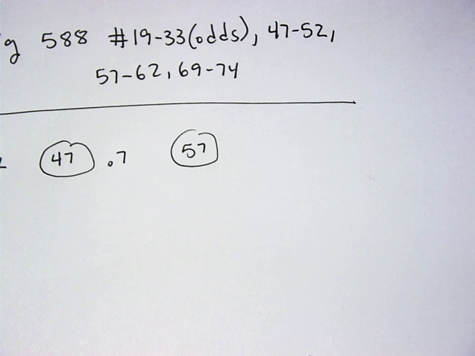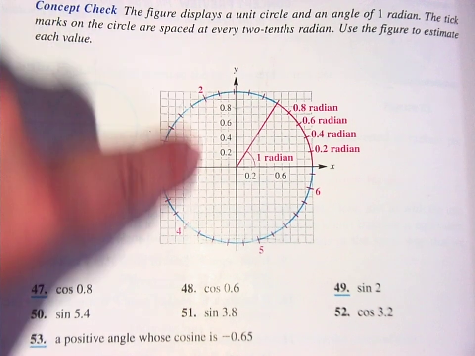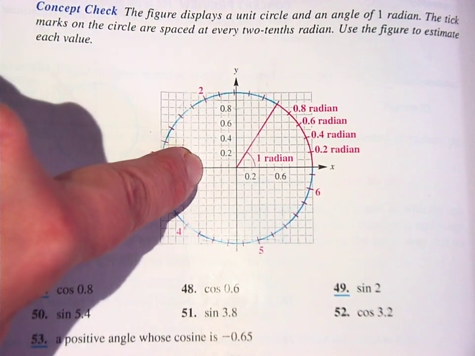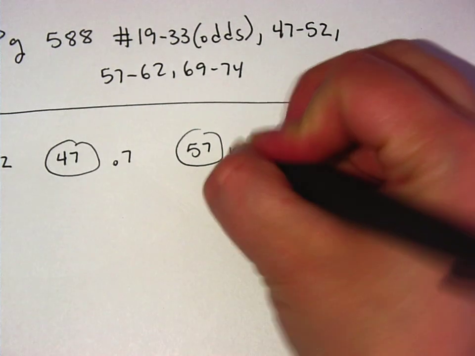Look at the picture on 588. Find 2 radians. Is the x value there negative or positive? Negative because it's to the left. We're looking right here. Look up. This is 2 right here. And if you look at the x value is negative. It doesn't even ask you what the x value is. It just says positive or negative, and you write negative.